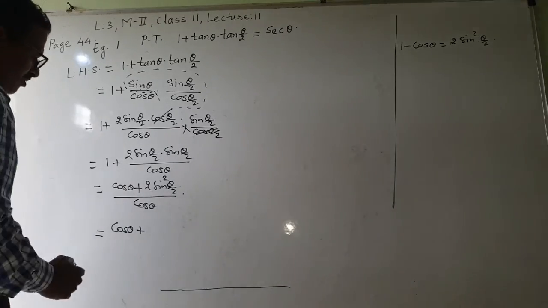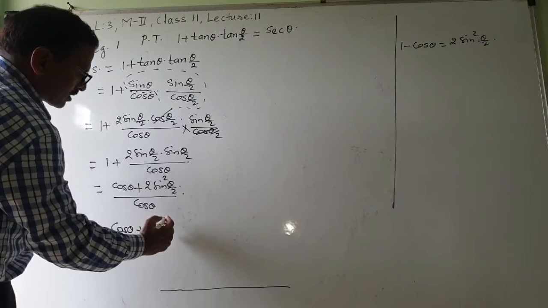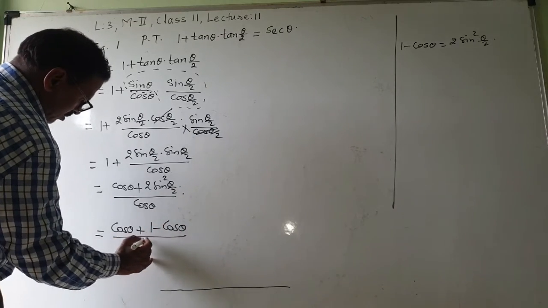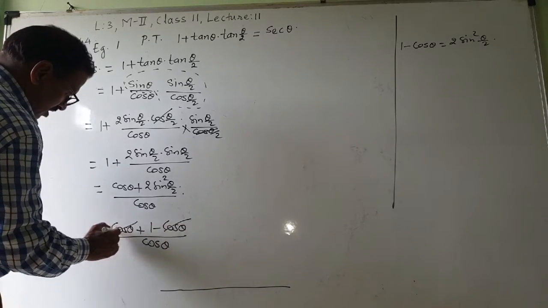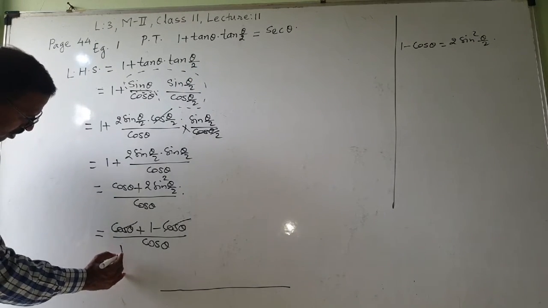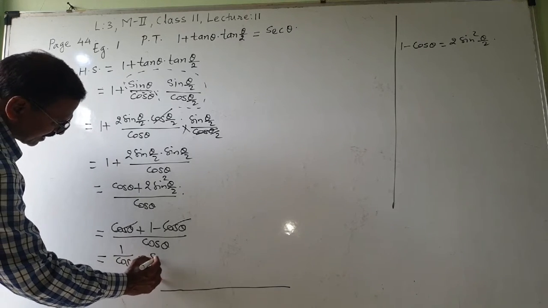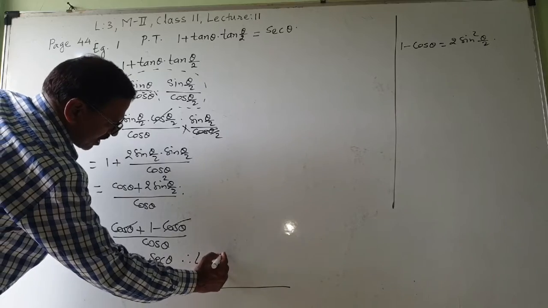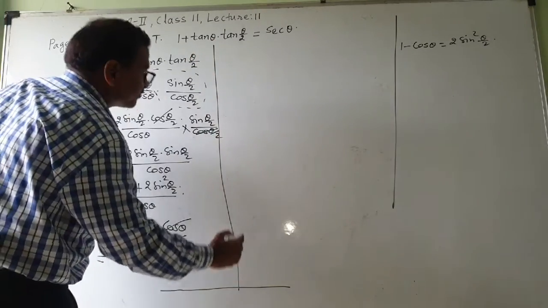So this 2 sin square theta by 2 is nothing but 1 minus cos theta upon cos theta. This cos theta will get cancelled, and that is equal to 1 upon cos theta. That is nothing but sec theta. Therefore, LHS equal to RHS. Hope that you have understood this.